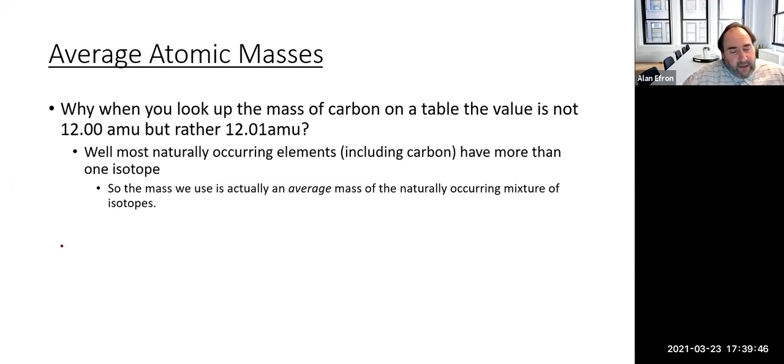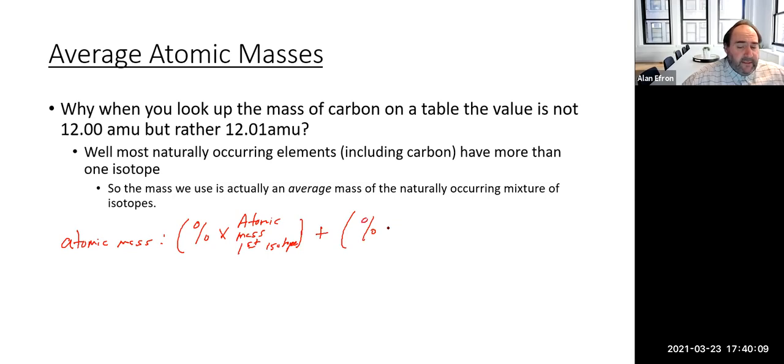How do you calculate the atomic mass? You do it with a simple formula. You take the percentage of the first isotope times the atomic mass of the first isotope. Then you add it to the percentage times the atomic mass of the second isotope, and you pretty much continue that pattern if there are 3 isotopes, 4 isotopes, however many there are.